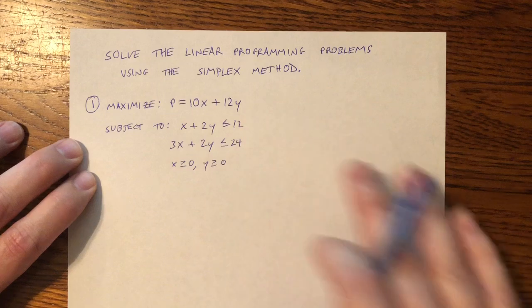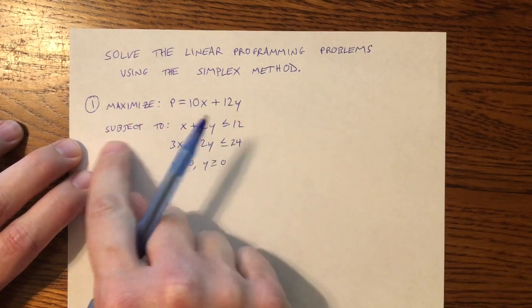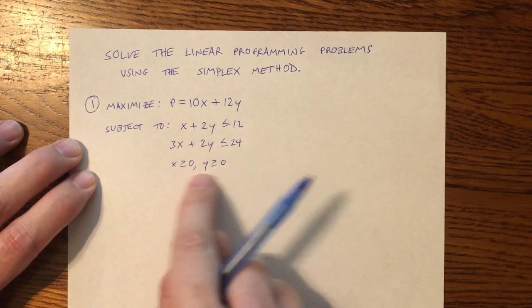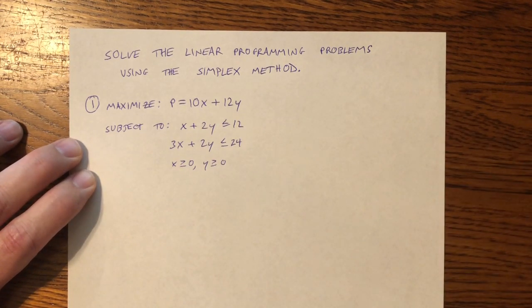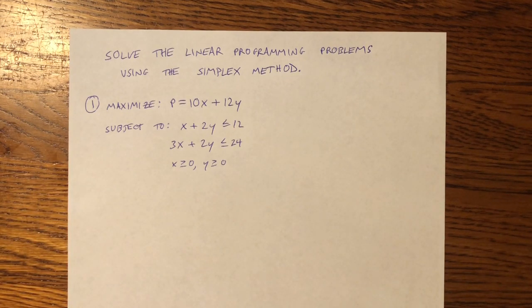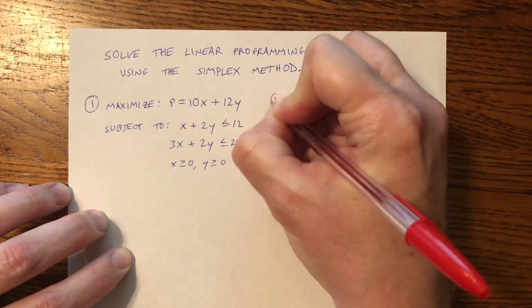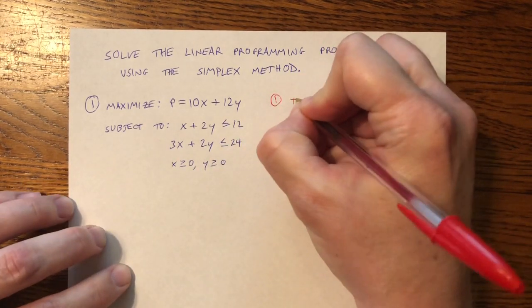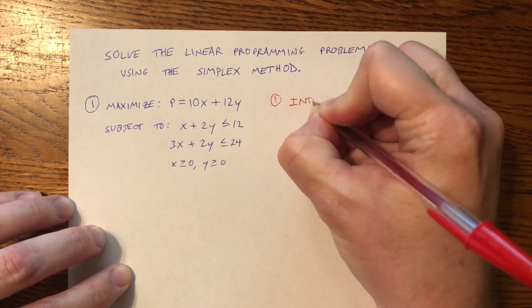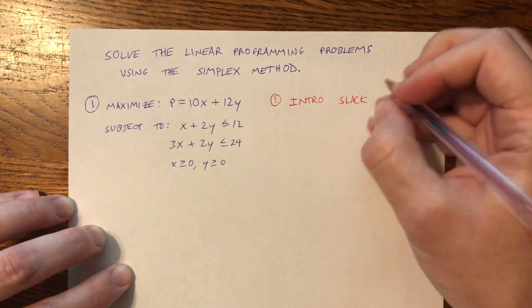So, looking at the first problem here, we're going to maximize this objective function subject to these constraints. Again, this tells us we're only looking at quadrant number 1. The first thing we want to do here, and here's where my summarization comes into play, is introduce what are called slack variables.